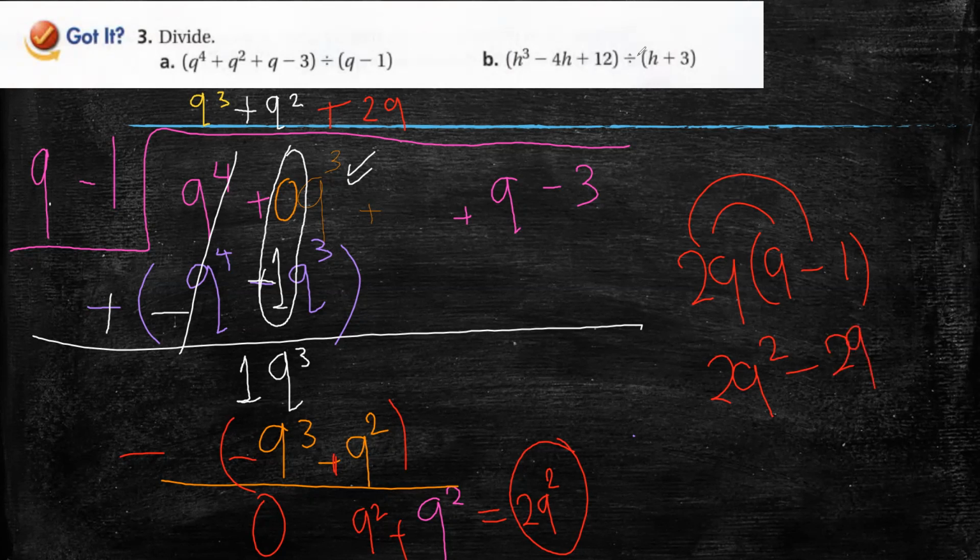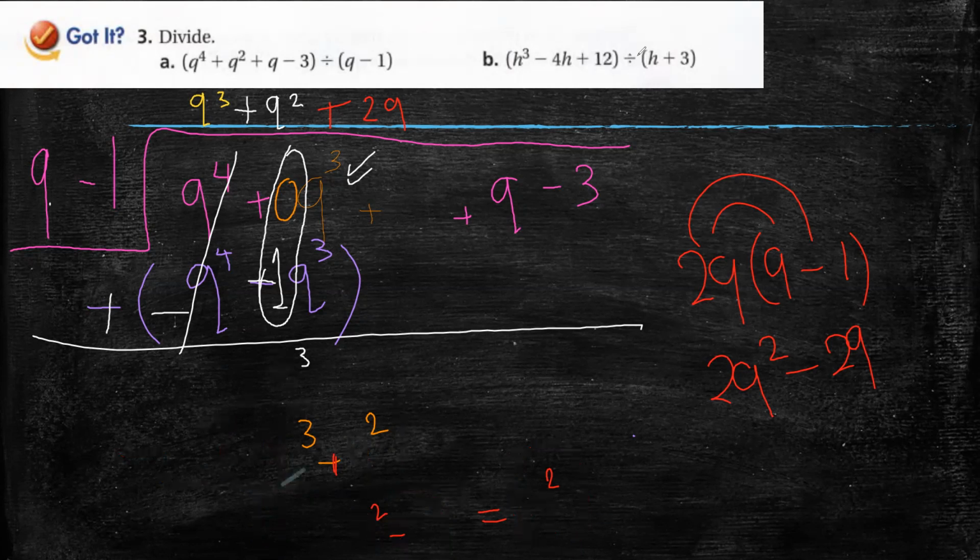So let's write now the answer here. So let's continue. Before that, we have 2q squared. So here now we have 2q squared minus 2q.